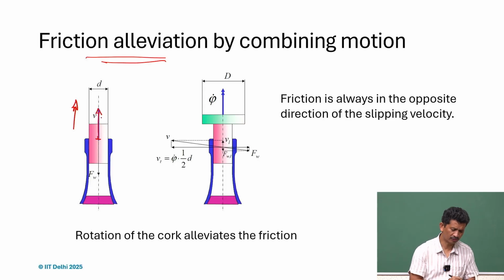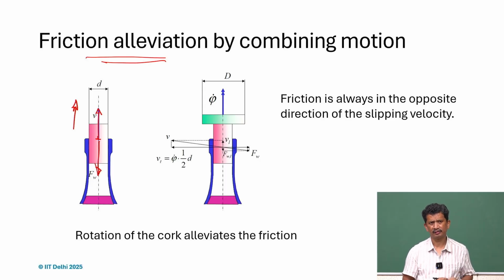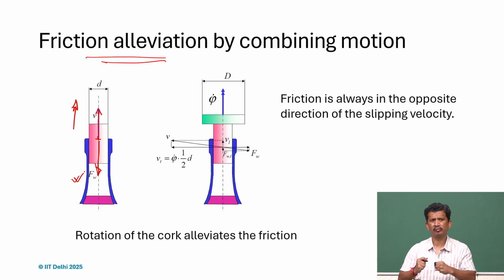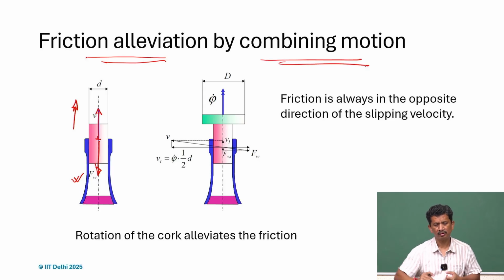Of course, the entire friction force will be working against it, and sometimes that is too big and we may not be able to pull it out. So the strategy many times is that we combine the motion, we twist it and then pull it.